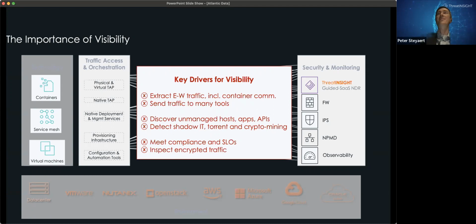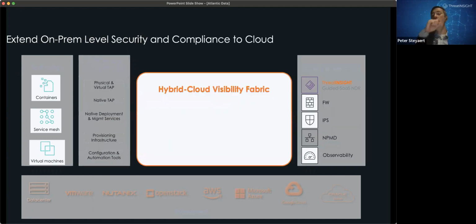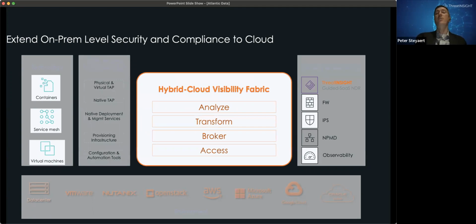If you don't see what's going on there, how are you going to be able to tell from a SOC perspective how to handle that information? So going with that, you need a hybrid cloud visibility fabric. And Gigamon can help provide that, where we can analyze, transform, broker, and access that data, and then feed all the necessary tools from there, right?